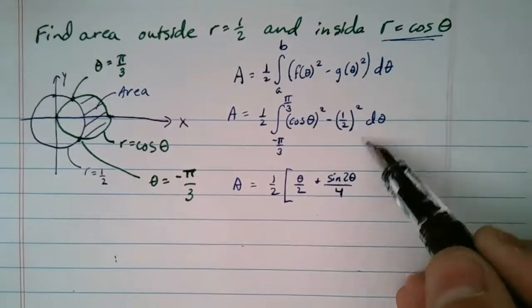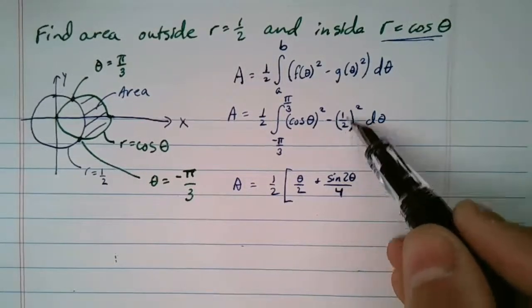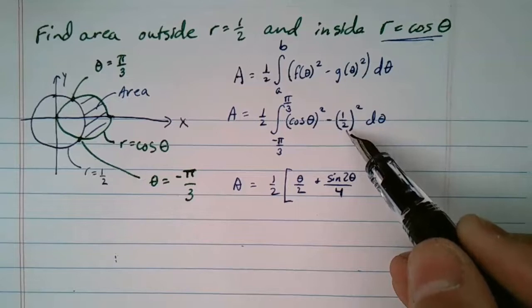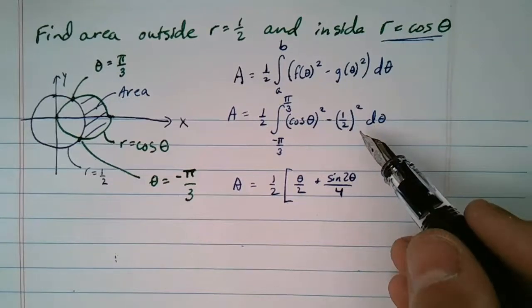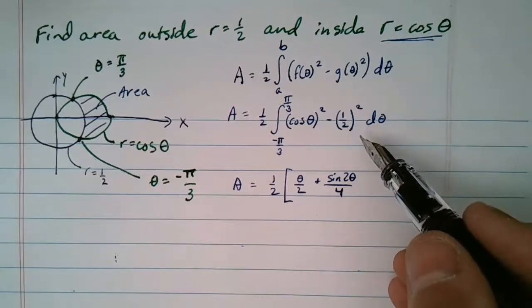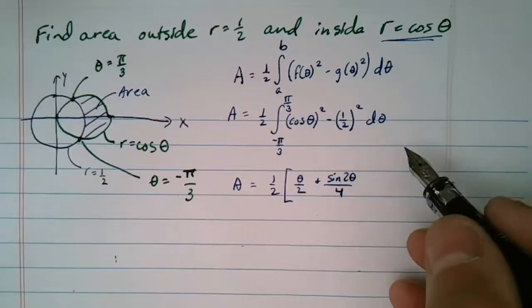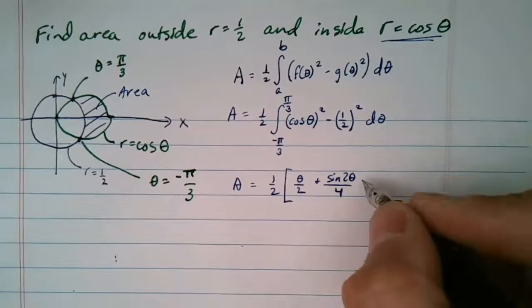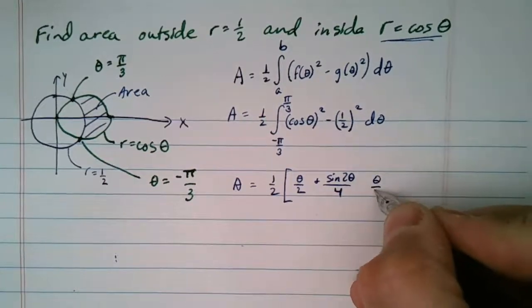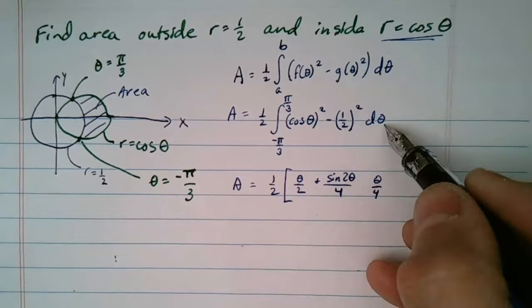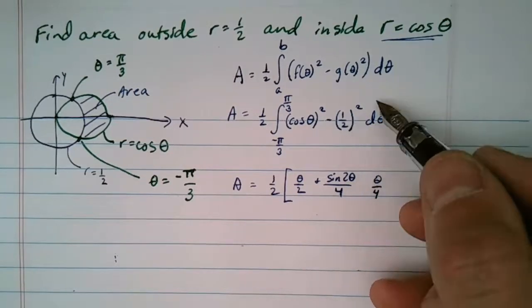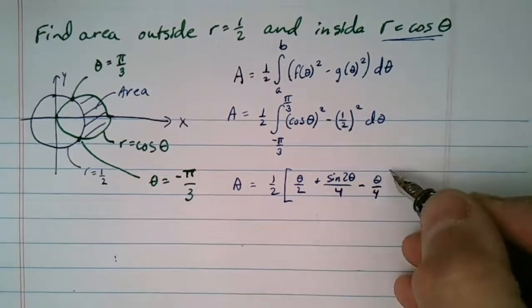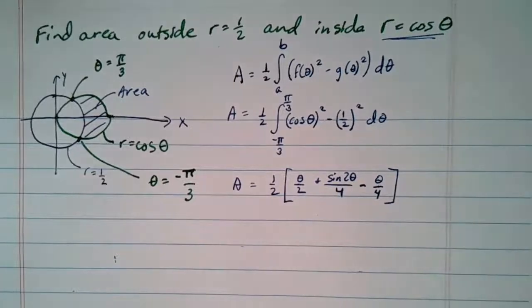And then the integral of negative 1/2 squared, which is 1/4, is going to be theta by 4, if we integrate with respect to theta, because basically it's like integrating a constant. And that's going to be minus theta by 4.